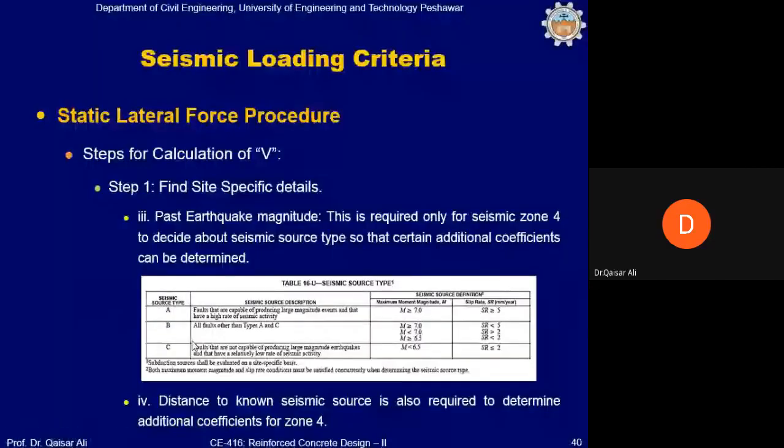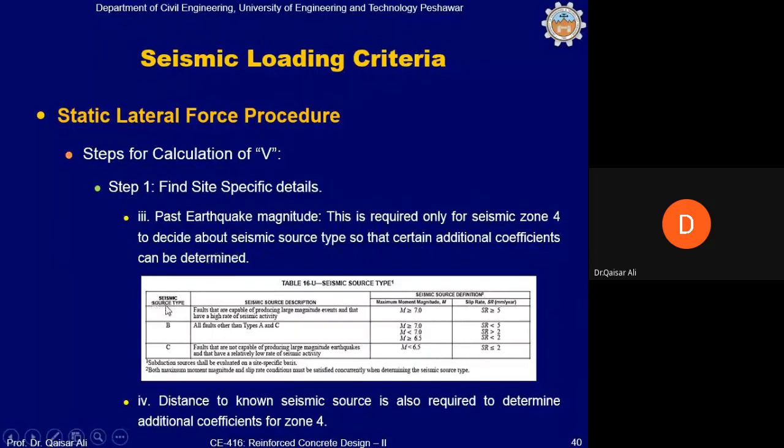If we are working in zone 4 particularly, then other information is also important, which is the past earthquake magnitude. This is required only for seismic zone 4, as I said earlier, to decide about seismic source type, so that certain additional coefficients can be determined.